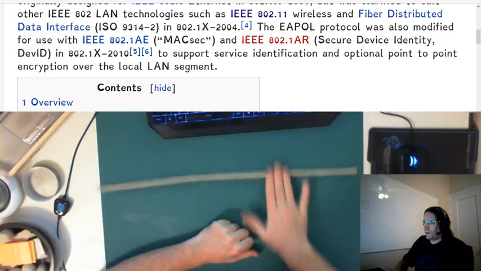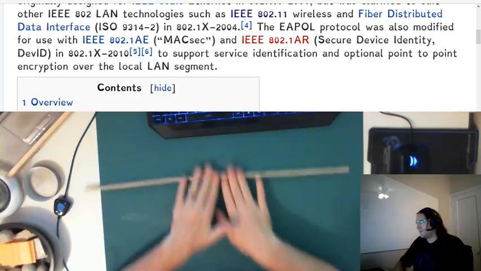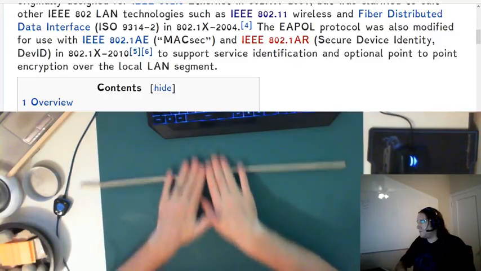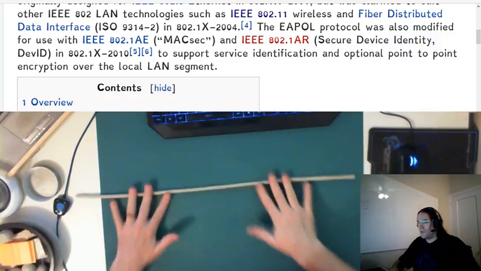In 802.1x-2010, to support service identification and optional point-to-point encryption over the local LAN segment.